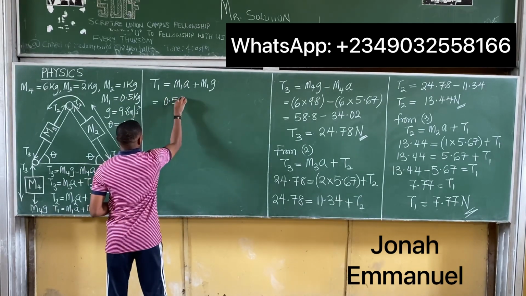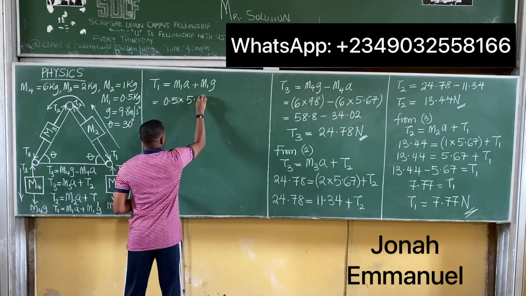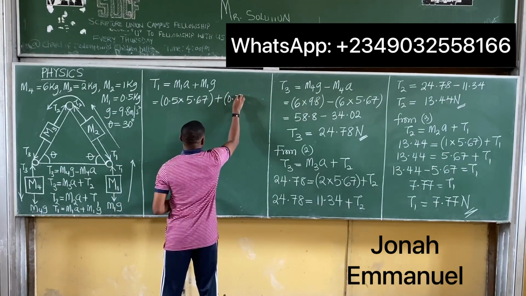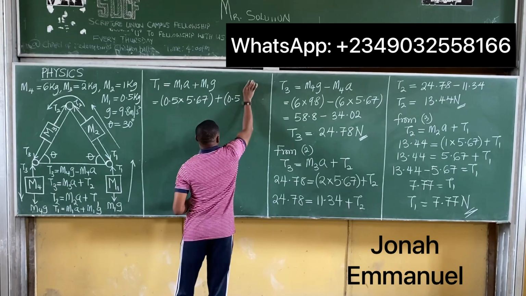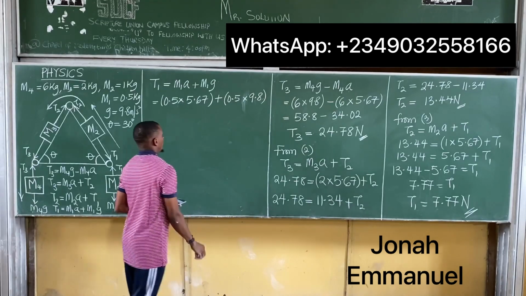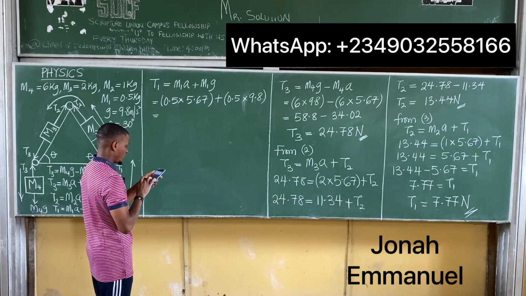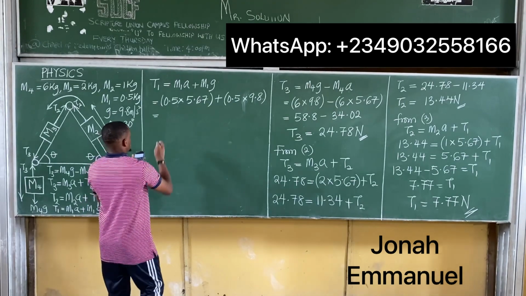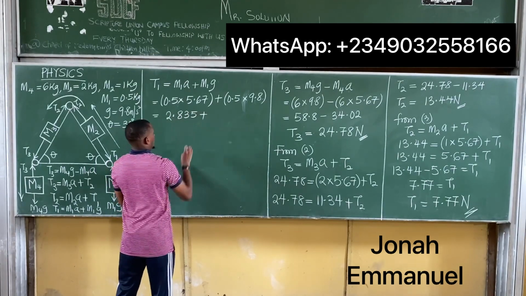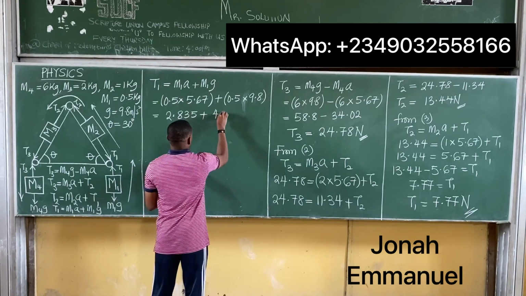So 0.5 times A, acceleration was 5.67, plus M1, 0.5, times G, which is 9.8. So 0.5 times 5.67, that's about 2.835, plus 0.5 times 9.8, that's about 4.9.